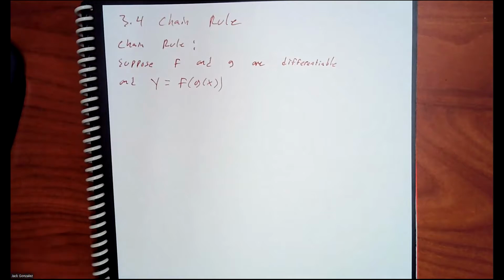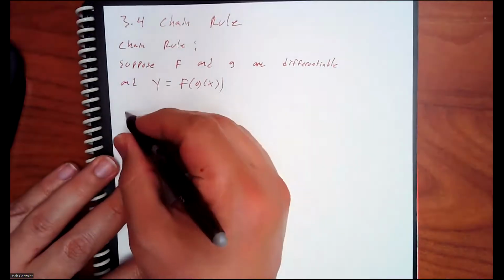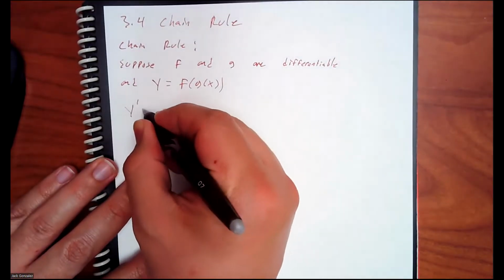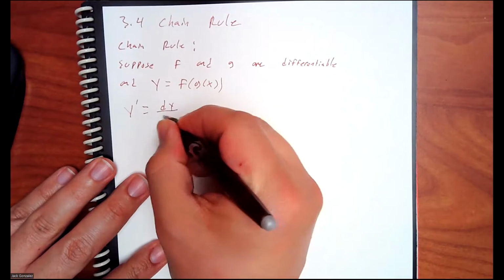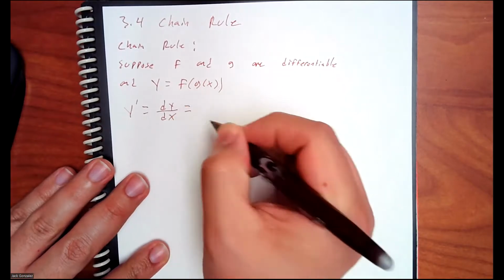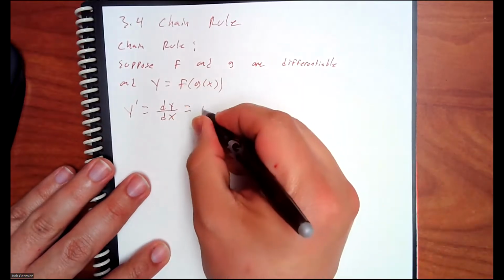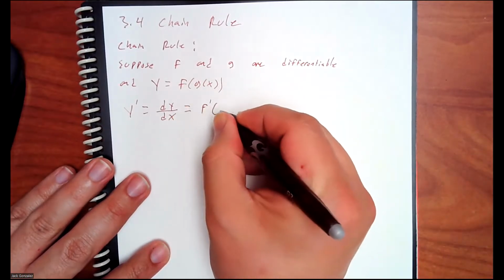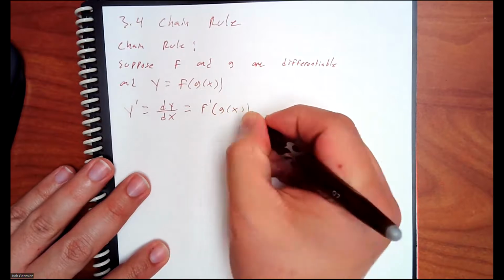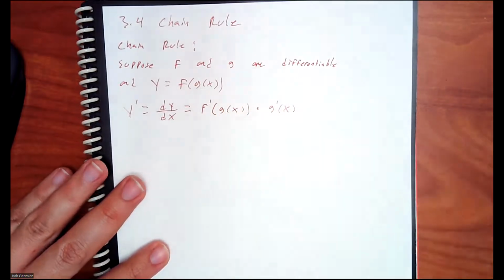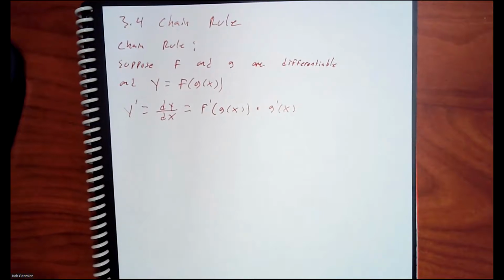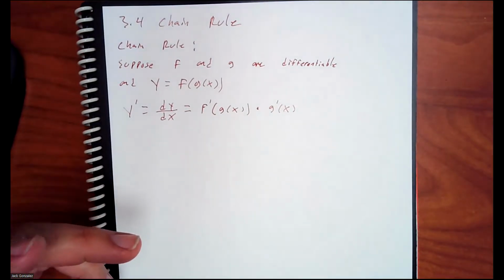So it's a composite function. The derivative of y, or dy dx if you prefer, will be this. It'll be the derivative of the outside without messing with the inside times the derivative of the inside. That's the shortcut, the rule.